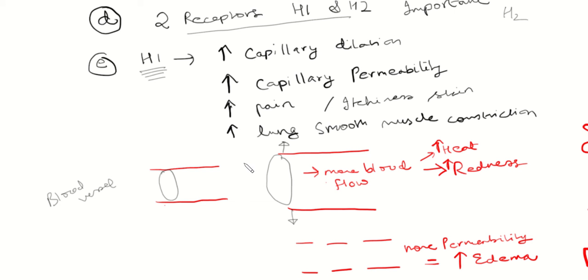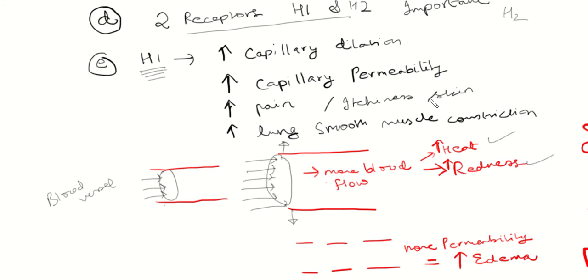Well, what happens when the diameter increases? You will have more blood flow. More blood flow means more heat and more redness. So capillary dilation leads to more blood flow, which leads to more heat and more redness.